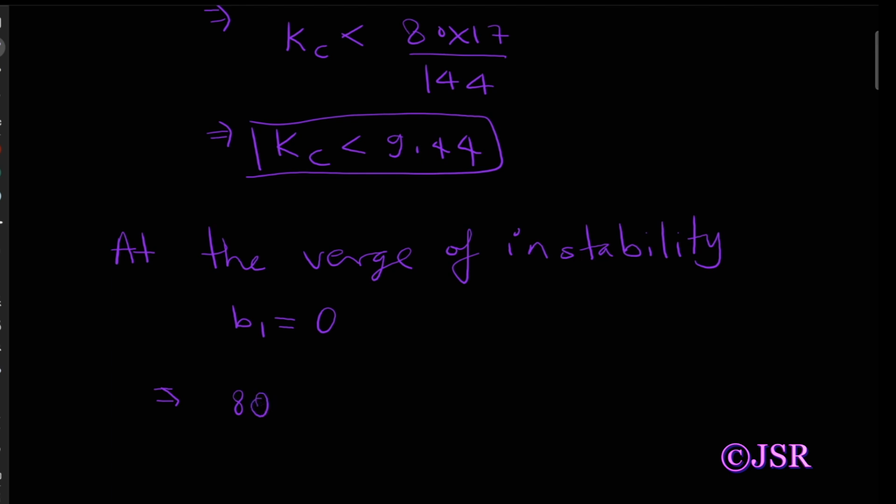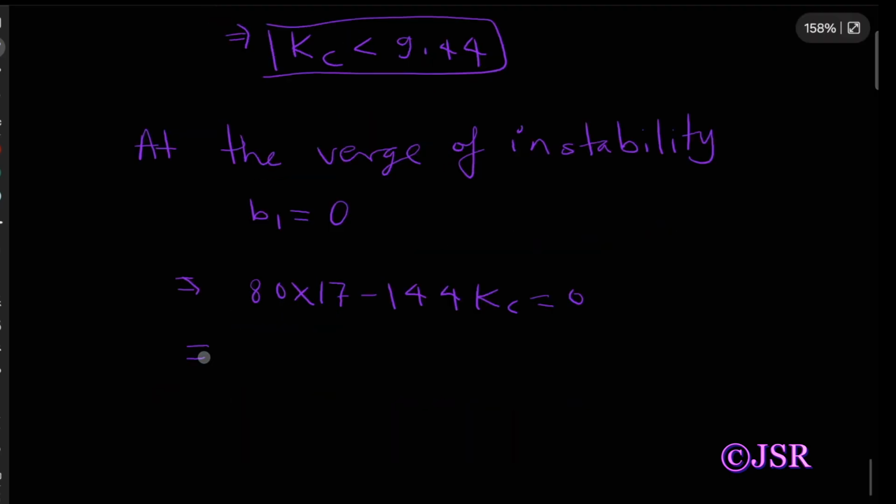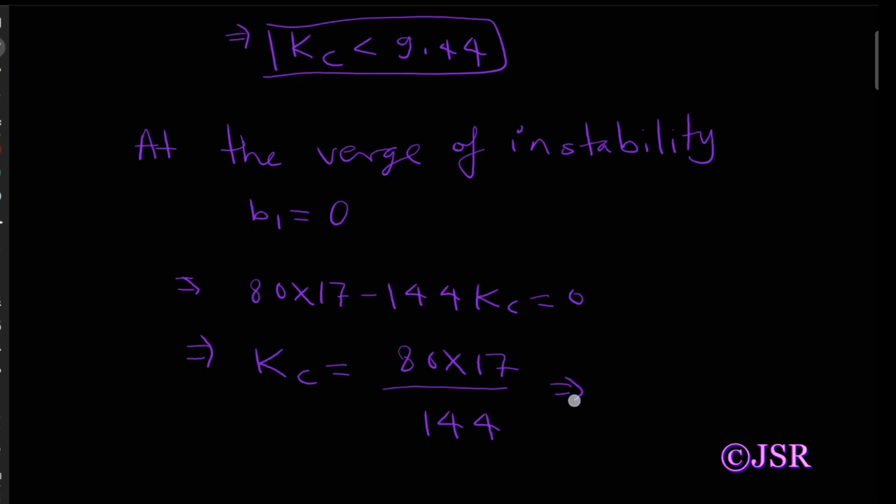It means 80 into 17 minus 144 Kc equal to 0, or Kc should be equal to 80 into 17 by 144. It means Kc must be equal to 9.44. So when Kc equal to 9.44, the system is marginally stable.